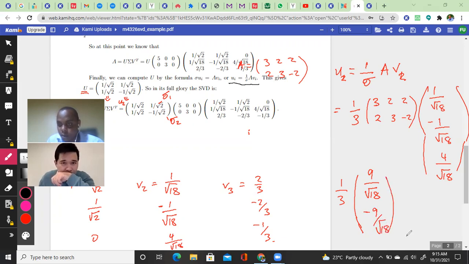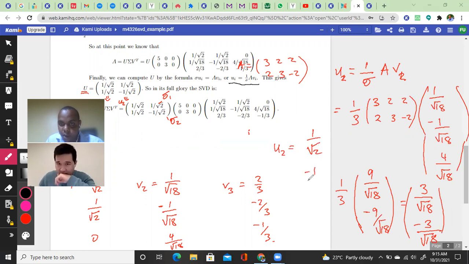We can simplify. It will be 1 over root 2 and negative 1 over root 2. So your U2 is 1 over root 2, negative 1 over root 2.